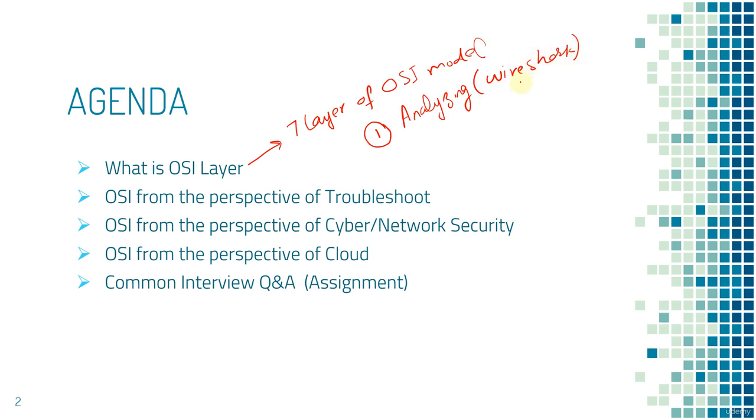If you're already familiar with this tool, Wireshark, then that is good enough. If you're not, then I'm going to give you a detailed overview of how we are going to use it and why we need this packet analyzing tool. Basically, whatever I'm talking about in the OSI layer, I will prove using Wireshark.